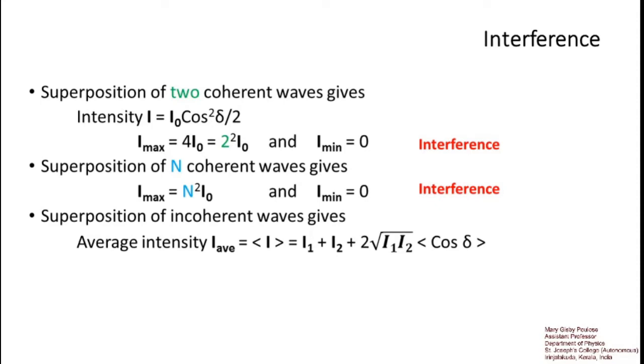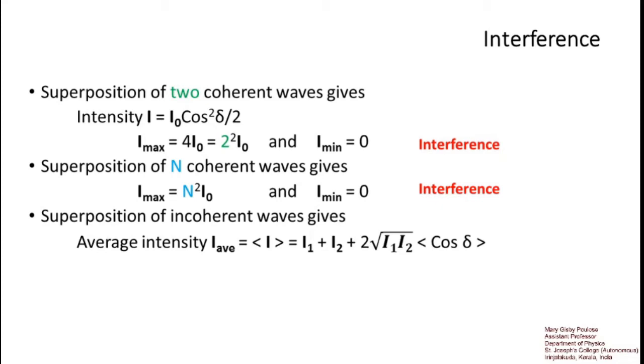So for the superposition of incoherent waves, we get the average intensity of light, I average, and it is calculated by taking the bracket of I. Now here, the equation that we take into consideration is I equals I1 plus I2 plus 2 root of I1 I2 cos delta.